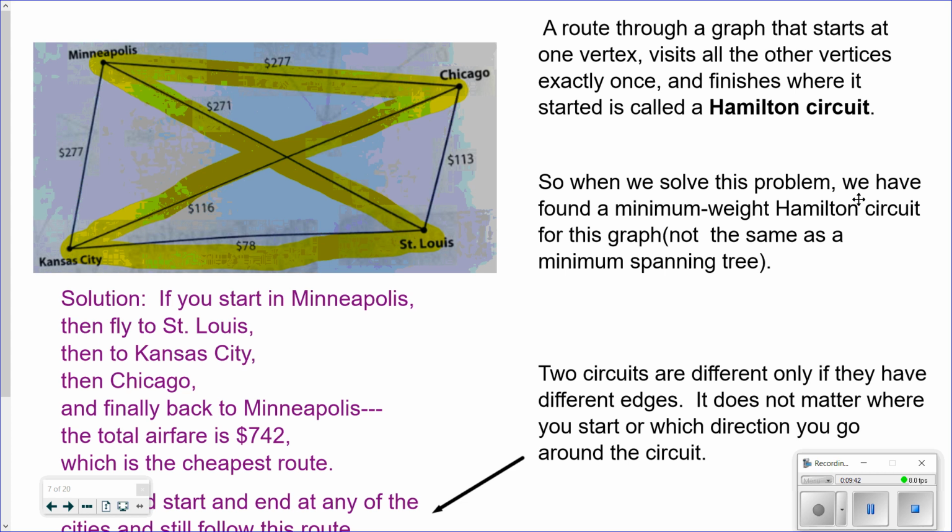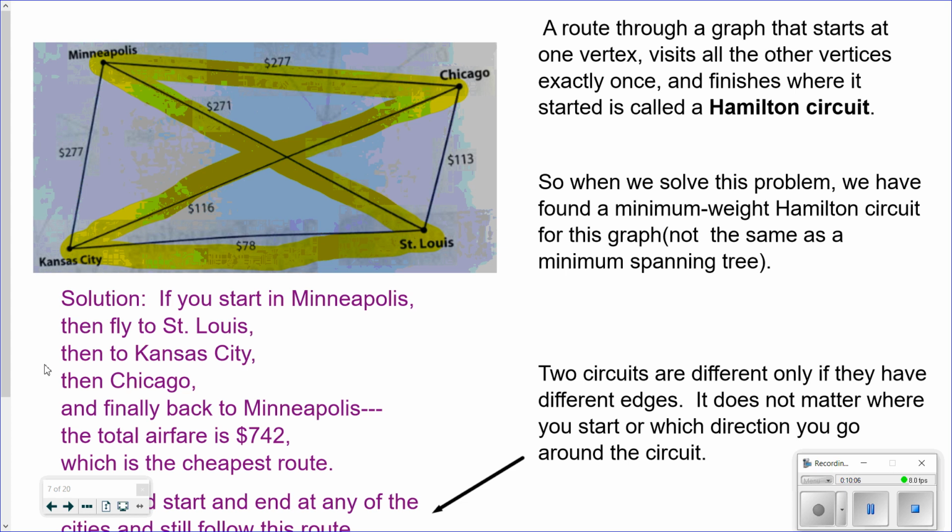So when we solve this problem, we have found a minimum weight Hamilton circuit for this graph. It's got kind of the same language as a minimum spanning tree, but Hamilton circuits are a little different because you have to get back to where you started, whereas with the spanning tree, we just had to make sure that we were including all the vertices in some way.